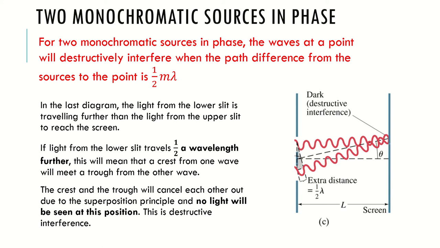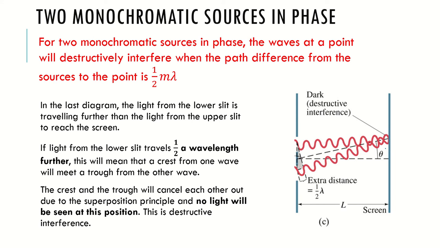When they meet at this point on the screen, this one is traveling half a wavelength extra, and what you'll notice is that the peak and the trough are going to meet when they hit the screen, and it's going to result in them cancelling each other out, and no light is going to be seen at this point, or destructive interference.